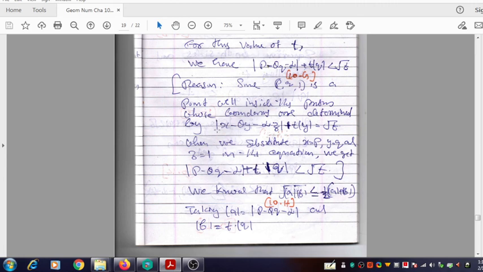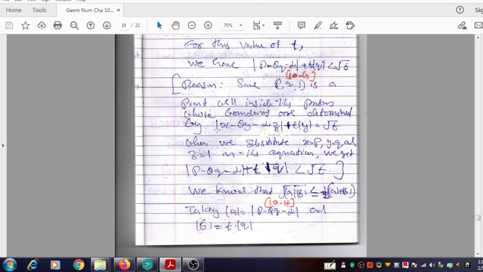this point is well inside the prism, whose boundaries are determined by modulus of x minus theta y minus alpha z plus t into modulus of y equal to root t.